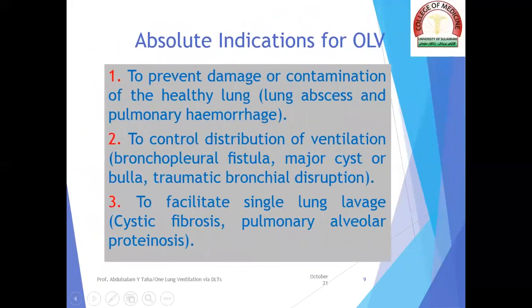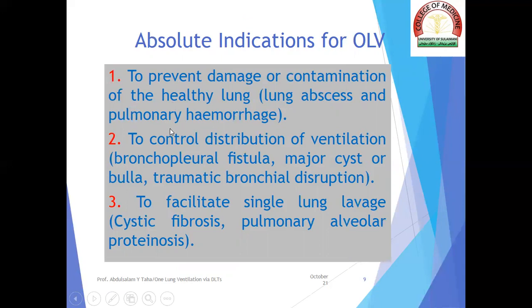The indications for one lung ventilation can be divided into absolute indications and relative indications. The absolute indications include, number one, to prevent damage or contamination of the healthy lung, such as in lung abscess and pulmonary hemorrhage.